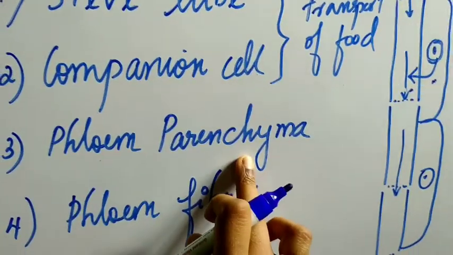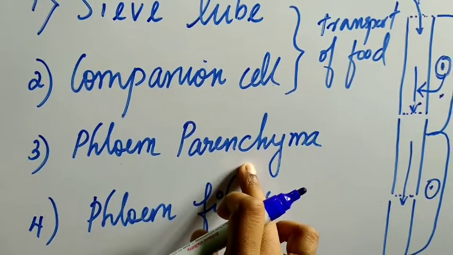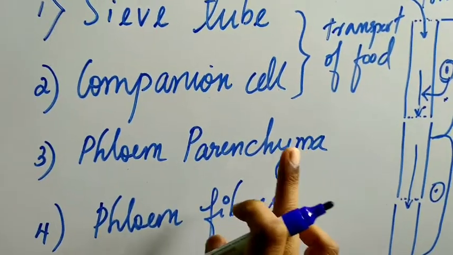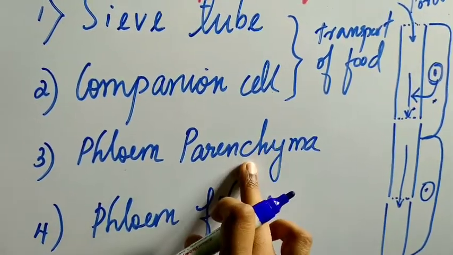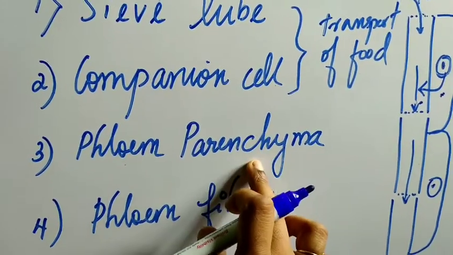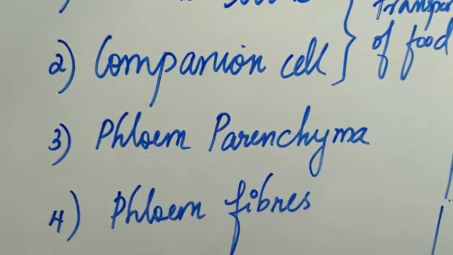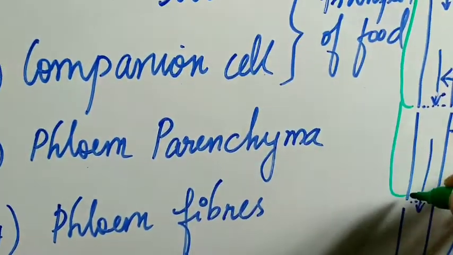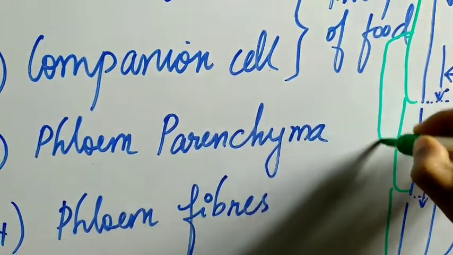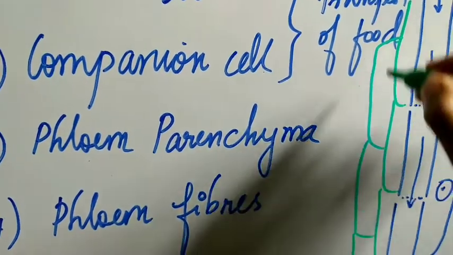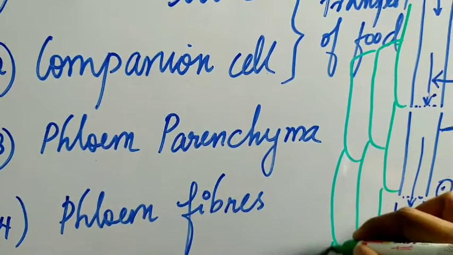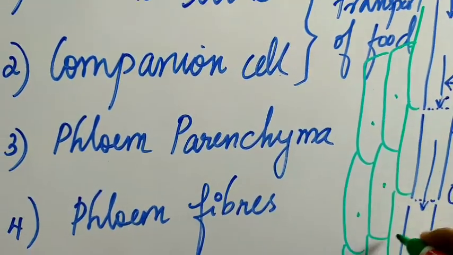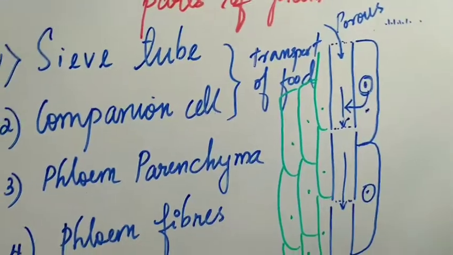Phloem parenchyma. Phloem parenchyma are living cells and their main function is storage of food. They store food. You can find phloem parenchyma just adjacent to the sieve tube and the companion cell, like this. Companion cells, parenchyma cells.